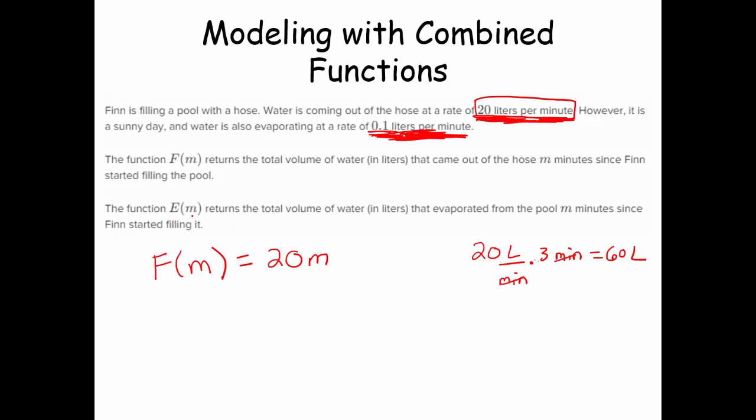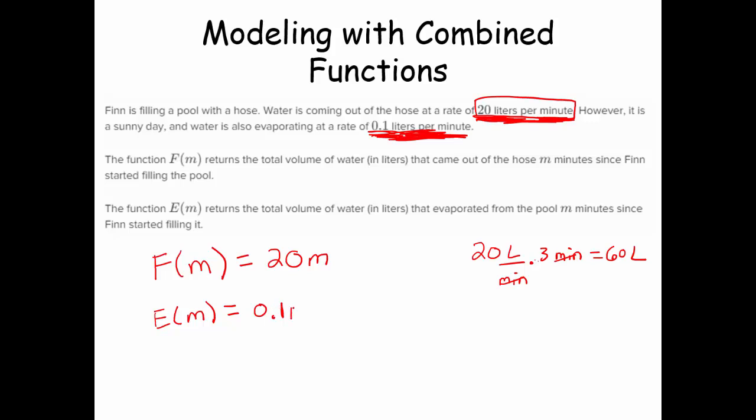So finding this evaporation function, the function E of m returns the total volume of water that evaporated from the pool m minutes since Finn started filling it. So this function will be E of m, and I'm going to use the same logic here. 0.1 liters per minute, that's the rate at which the water is leaving the pool.